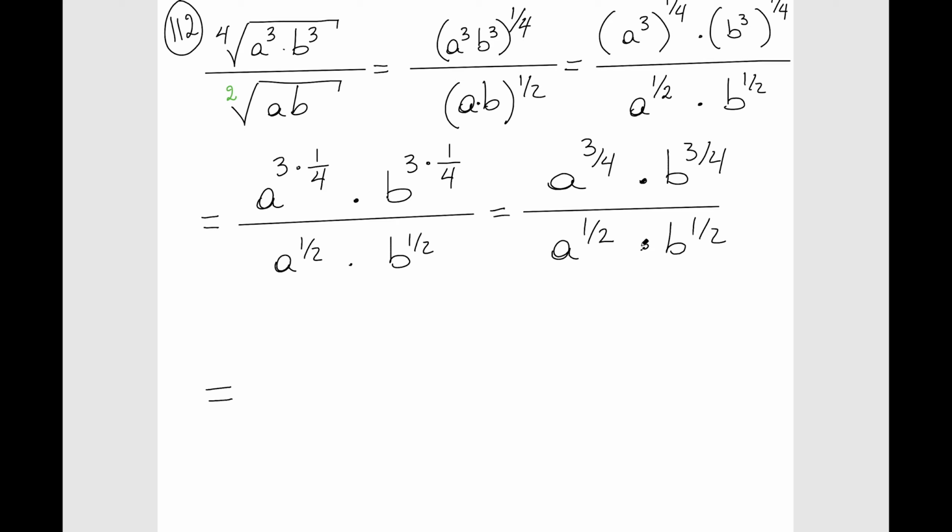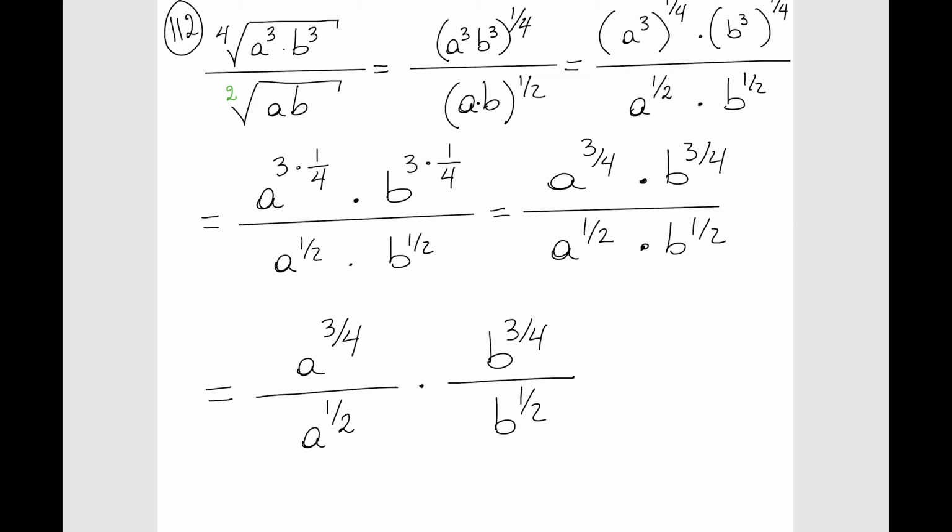I have a product upstairs and a product downstairs. I can write it as the product of the following two quotients: a to the power 3 over 4 divided by a to the power 1/2, times b to the power 3 over 4 divided by b to the power 1/2.